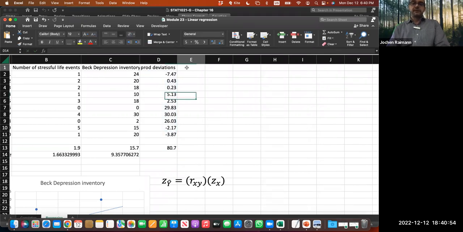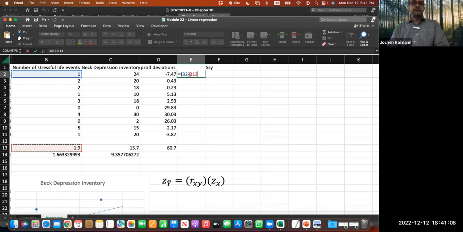Next, we just need the sum of squares of X and sum of squares of Y. This is, as we know, we're getting this by our X minus our mean x, squaring this up. Now we're doing the same with y minus my, which is c. Now just summing this up.